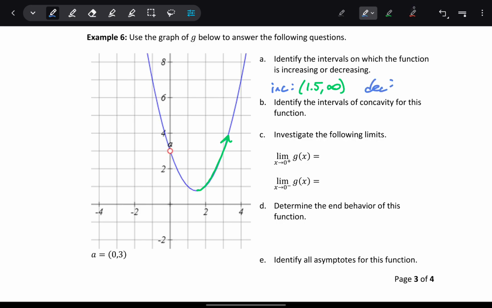And our function is decreasing on the interval from negative infinity up to this point of discontinuity at x equals 0, union 0 to 1.5, where that local minimum occurs. We need to make sure we exclude that value at 0 since the function is undefined there.